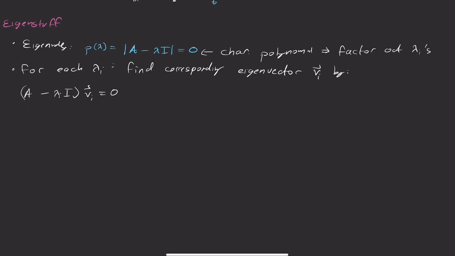It's important to note here that this matrix needs to be in reduced row echelon form, so you need to have at least one row of zeros.